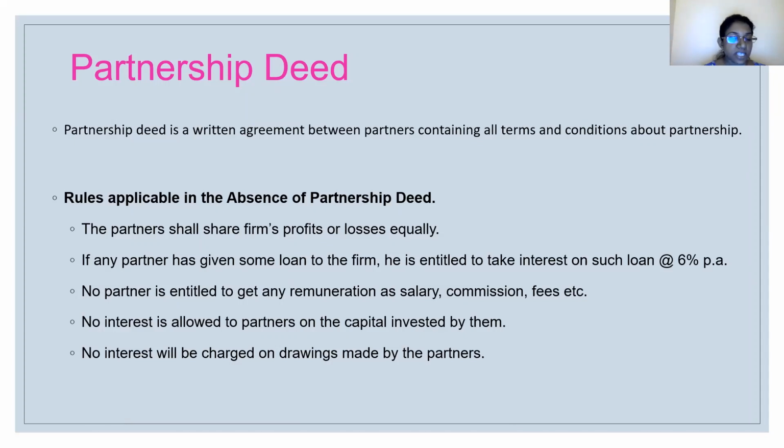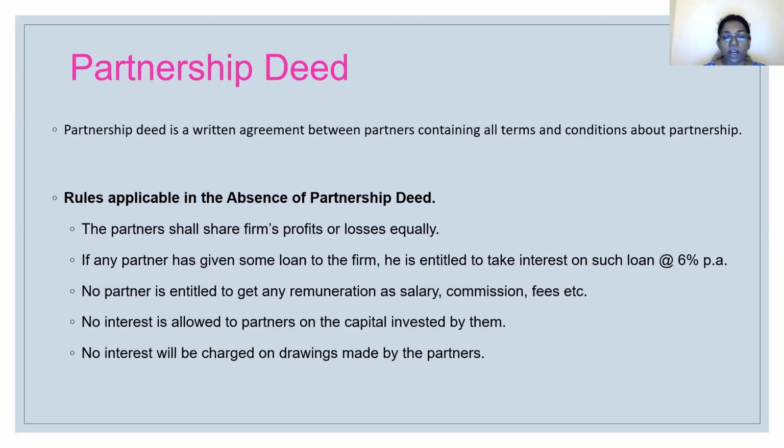Then no partner is entitled to get any remuneration as salaries, commissions, fees, etc. If no interest is allowed to partners on the capital invested by them, then no interest will be charged on the drawings made by the partners as well. So these rules will be applicable when there is no partnership deed.